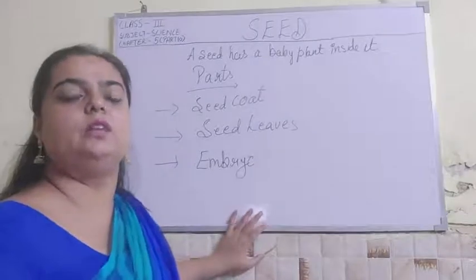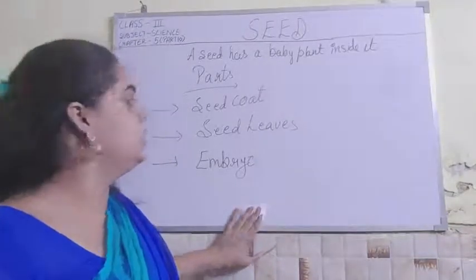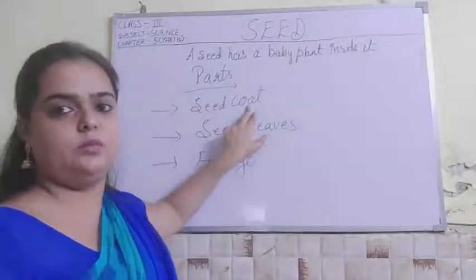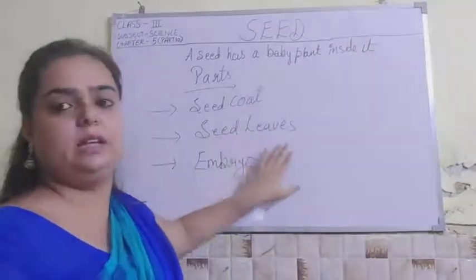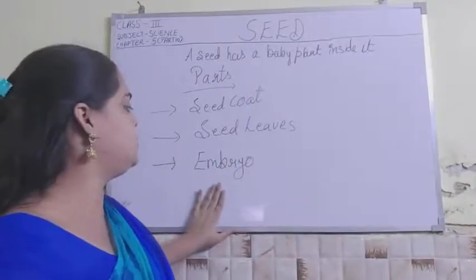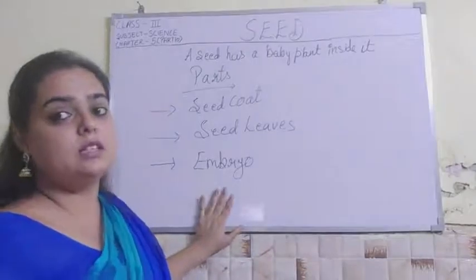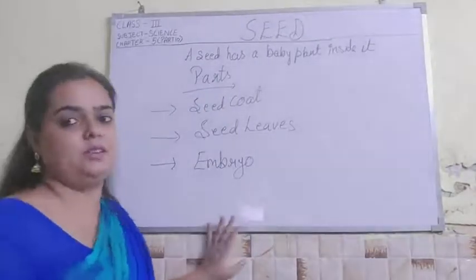These are the three parts of a seed. First part, seed coat, second part, seed leaves, and the third part, embryo. We discussed all these things in the previous session.